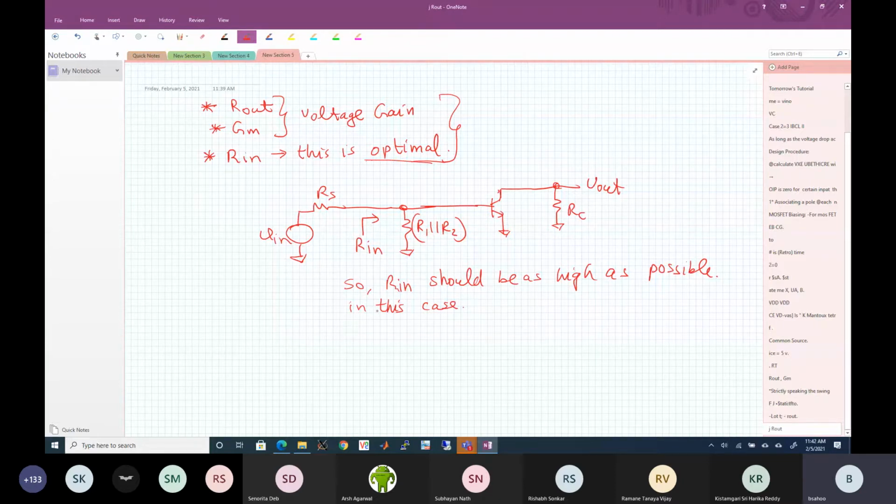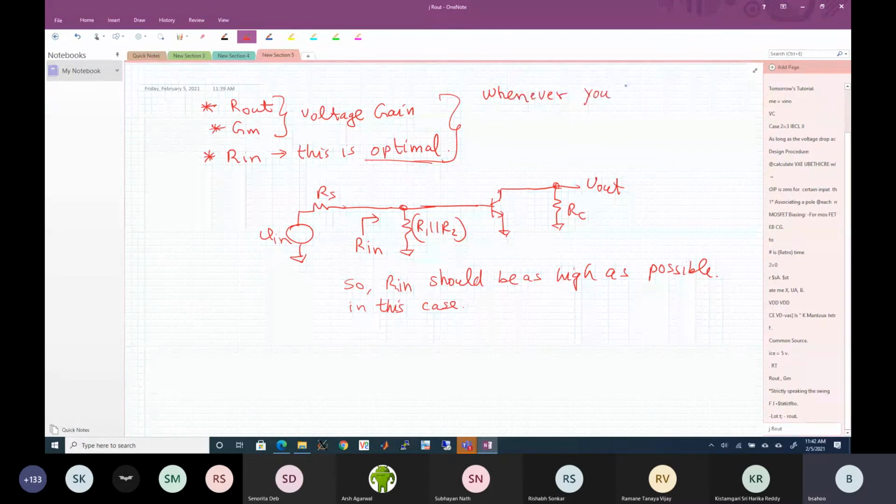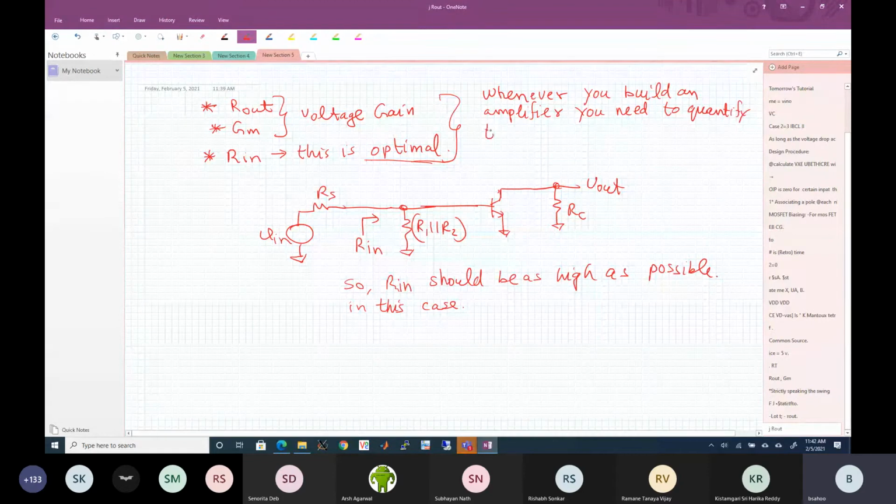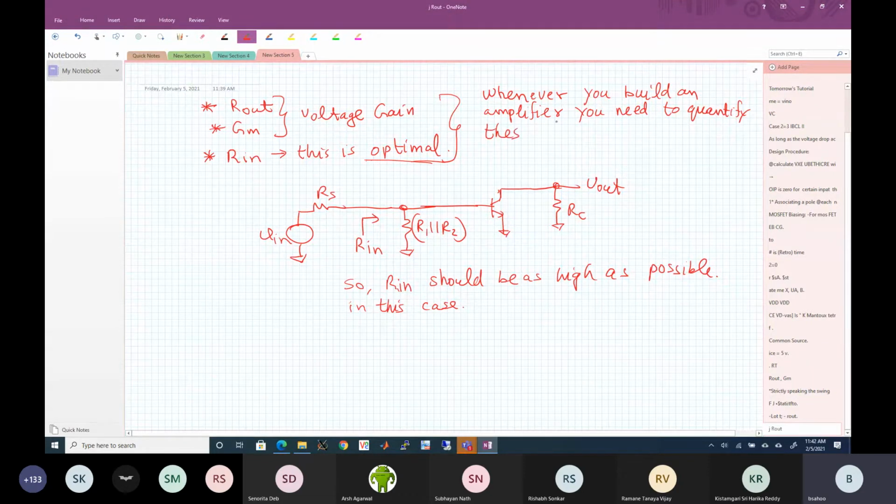Because of these reasons, whenever you build an amplifier, you need to quantify these quantities and prove that these are optimal.